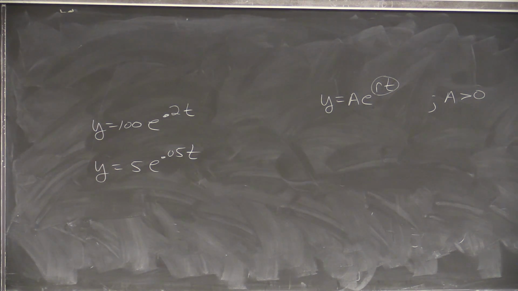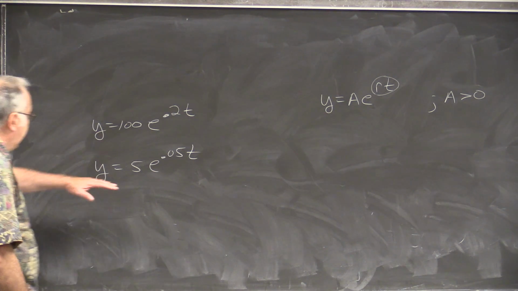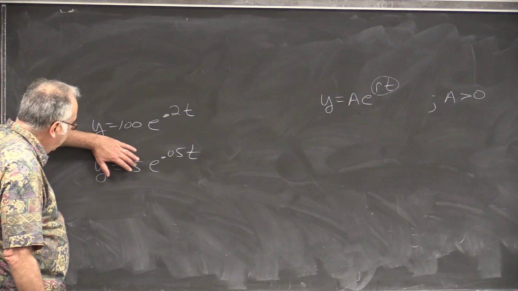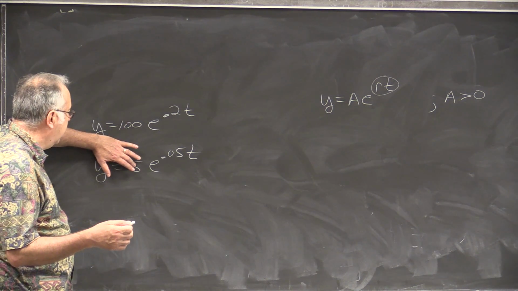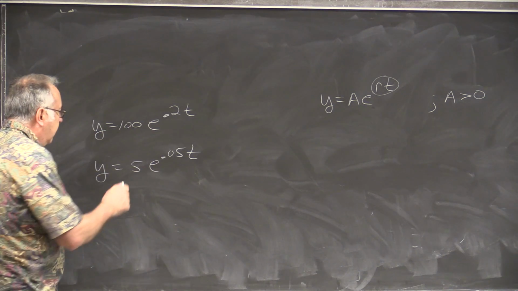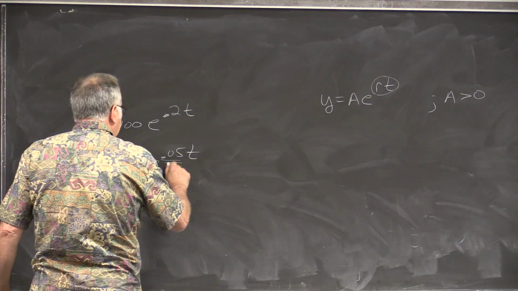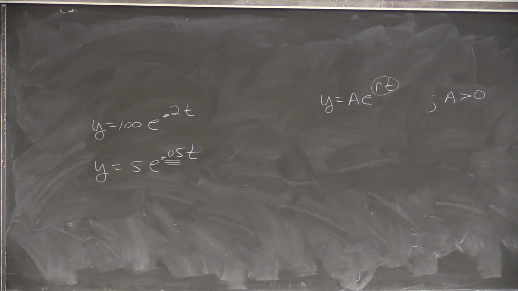Now, this could be the formula for a country that was experiencing significant population growth. In that case, 5 would be the current level of population, maybe 5 million people. And then the population would be growing continuously at 5% per year.